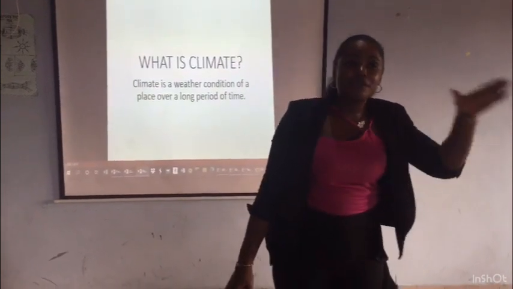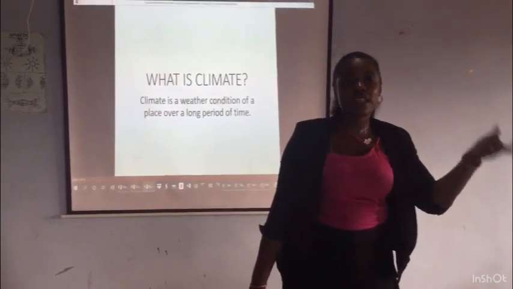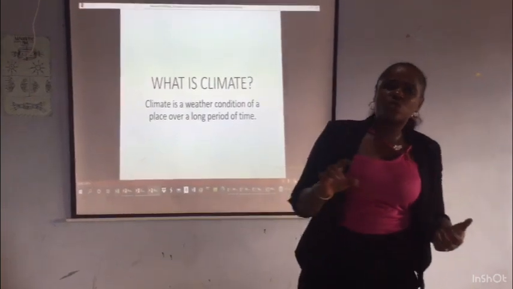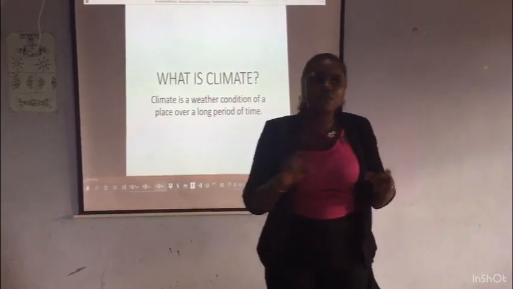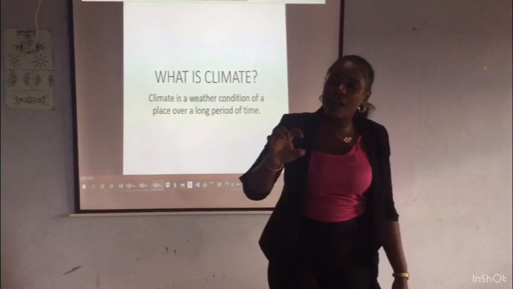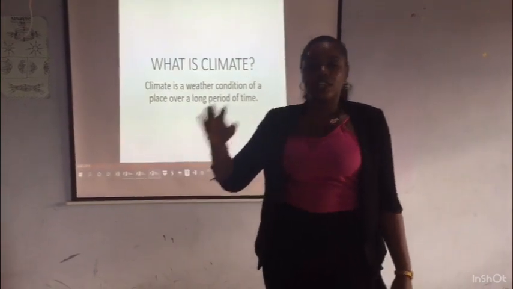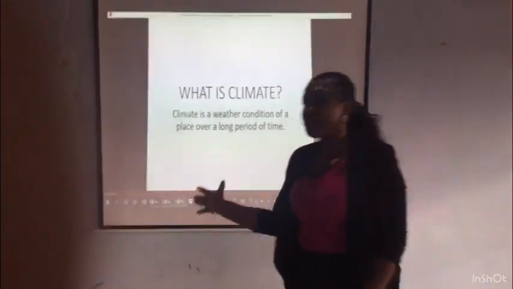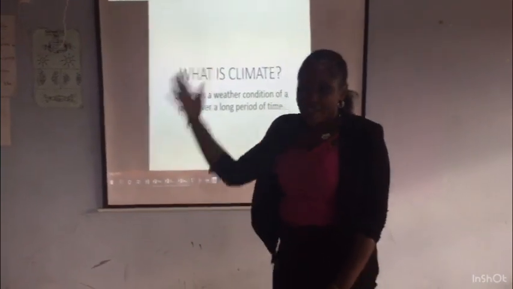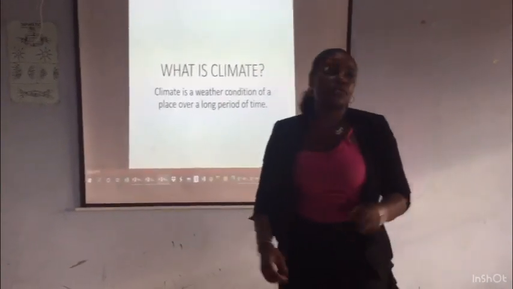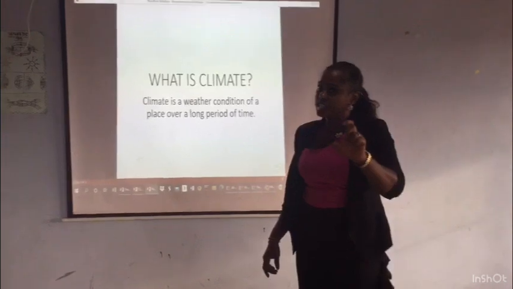So climate has to do with the weather condition of a place over a long time. The climate condition can also be sunny throughout the day. That is why I said you cannot talk about weather without mentioning climate.